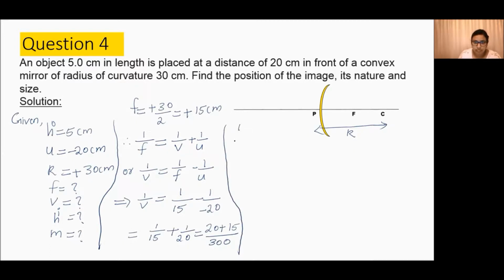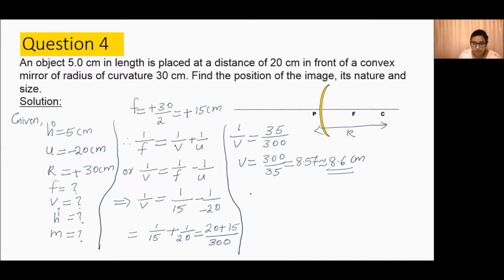Therefore, 1 by V is equal to 35 divided by 300. So V is equal to 300 divided by 35, which gives you 8.57, which is approximately 8.6 centimeter. So V is positive, so it is formed behind the mirror.